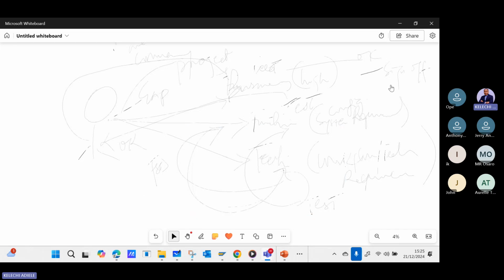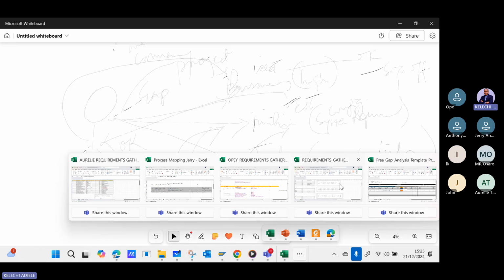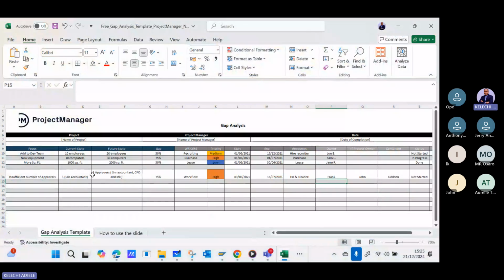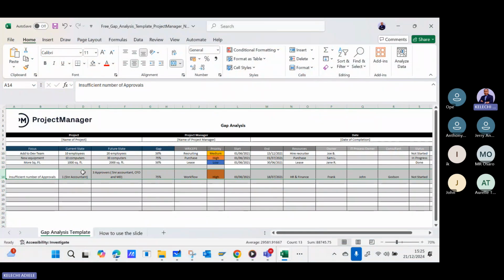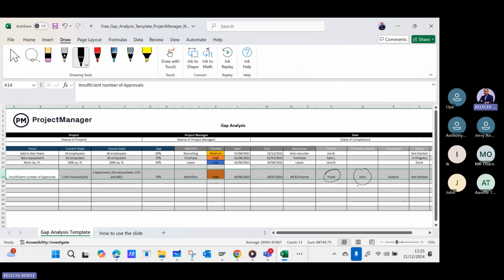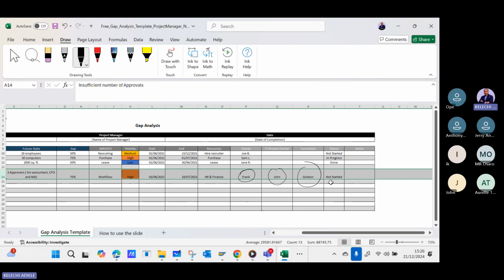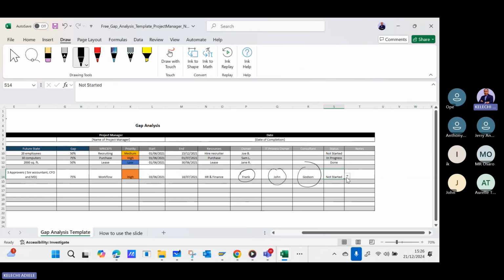But the most important thing here is that you take note that those gaps that have been identified need to go through some gap analysis. And this is a sample of the gap analysis. Once this is put in the gap analysis, you have to engage this guy to make sure that they close this gap, because you see here, the status has to go from started to done.